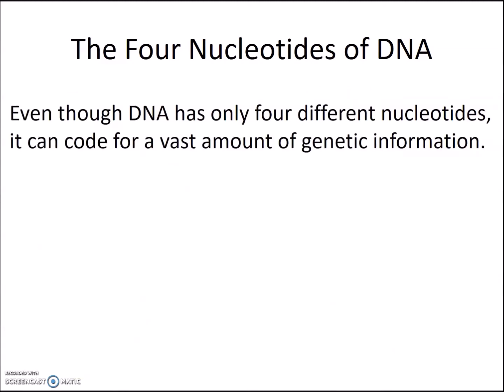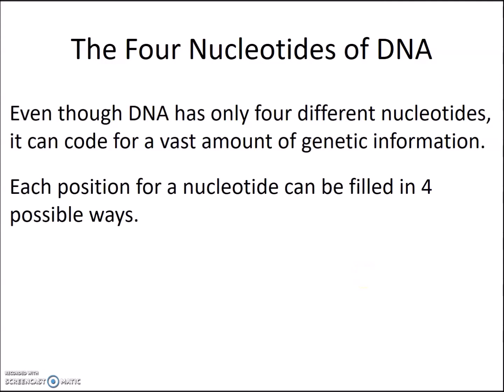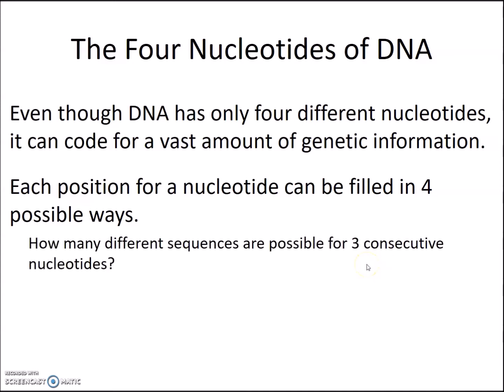Okay, so let's get back to that idea of a simple molecule coding for huge amounts of genetic variation. Okay, little bit of math. Statistics question. This is a permutation. How many different ways can you arrange 4 nucleotides in a 3-position sequence?